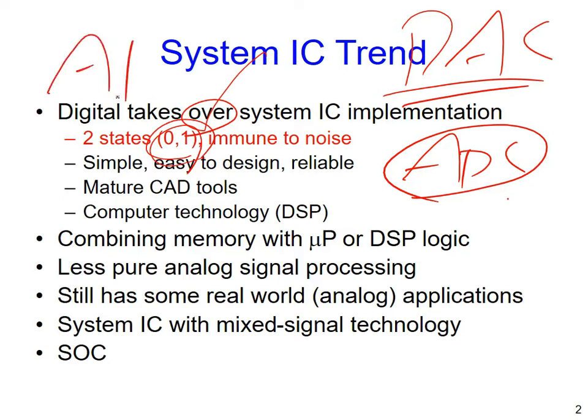Because with only ARM, our smartphone doesn't work. All your voice, all the images, videos actually come from the analog domain. So before the smartphone can do anything for you, we need ADC and DAC.